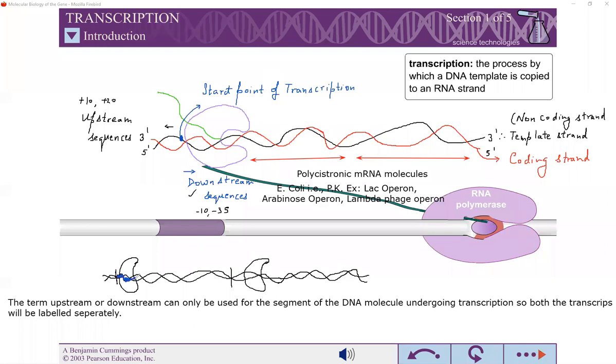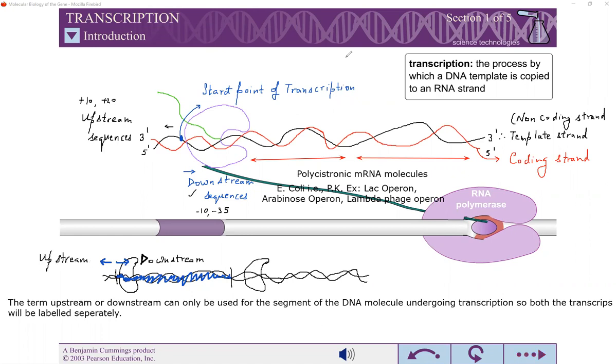If this is a gene that is going to be transcribed, then all the sequences before this gene, all such sequences, with respect to this gene, this side it is referred to as downstream. This side it is referred to as upstream.